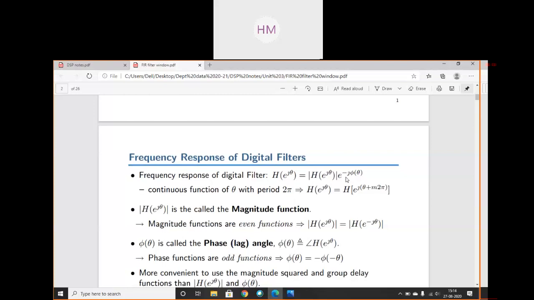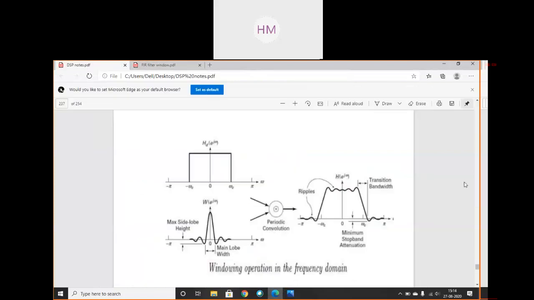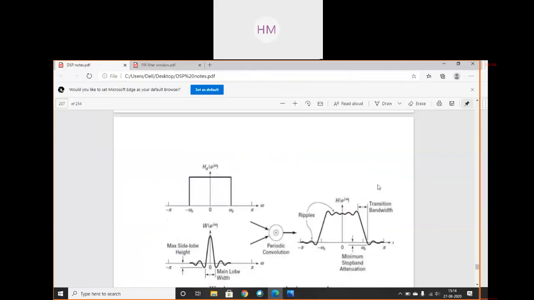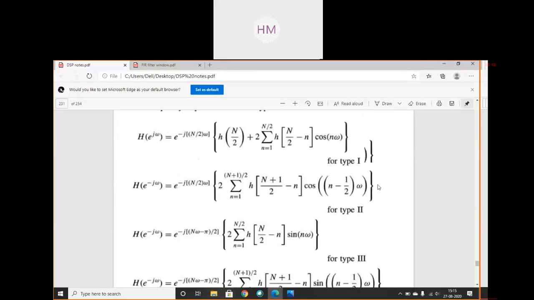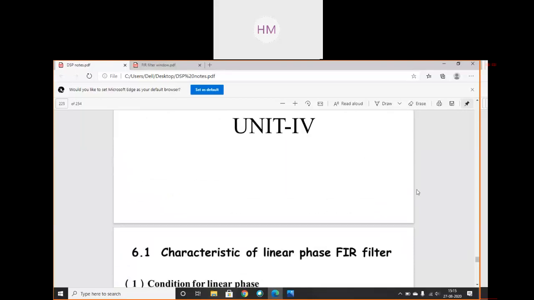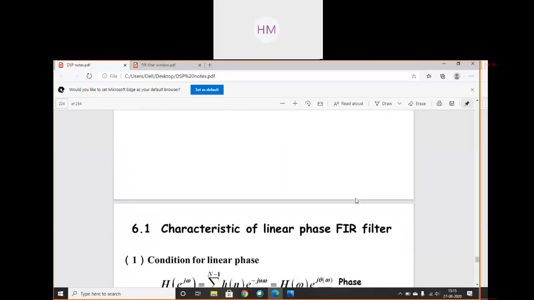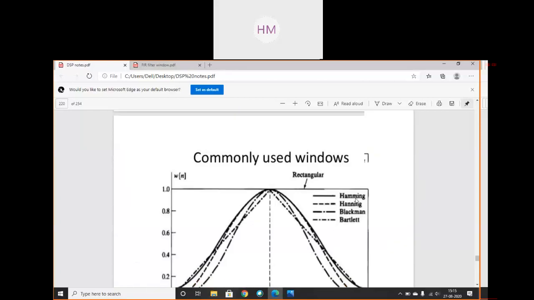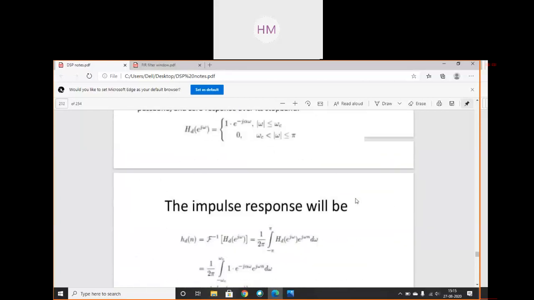An IIR system has an infinite number of non-zero terms, that is, its impulse response sequence is of infinite duration.